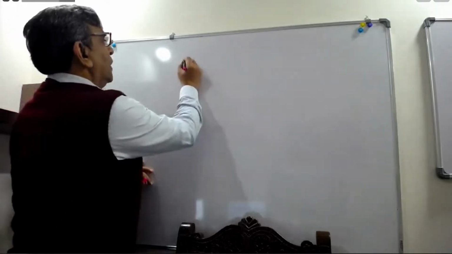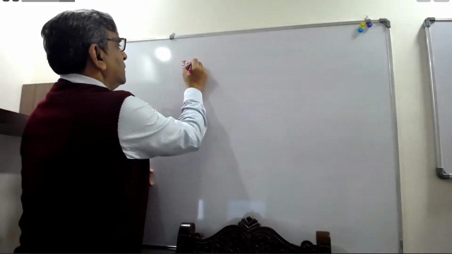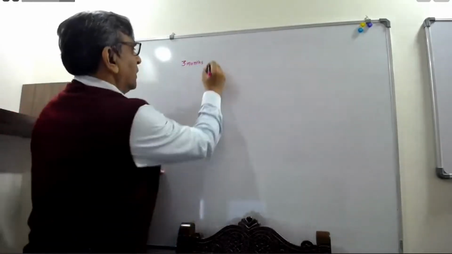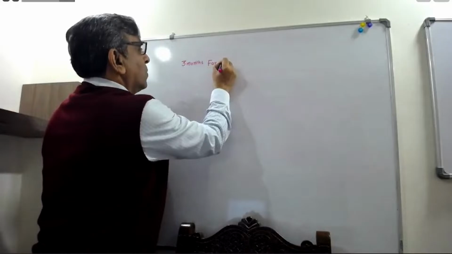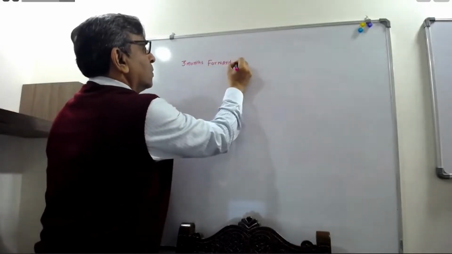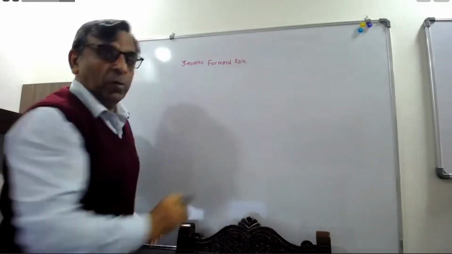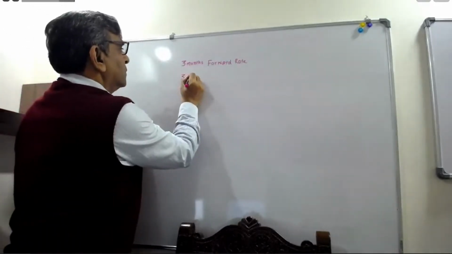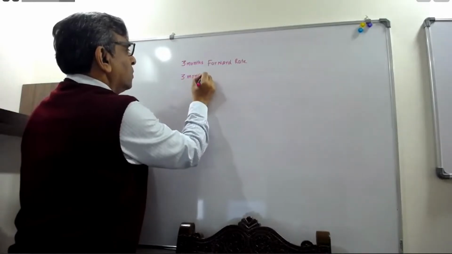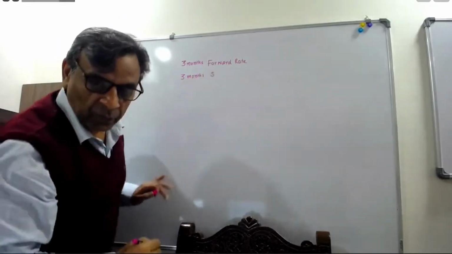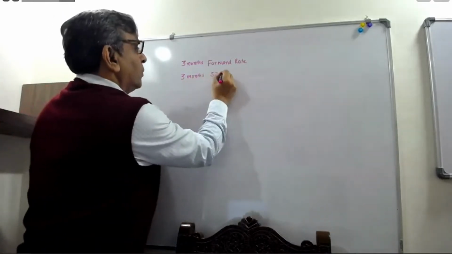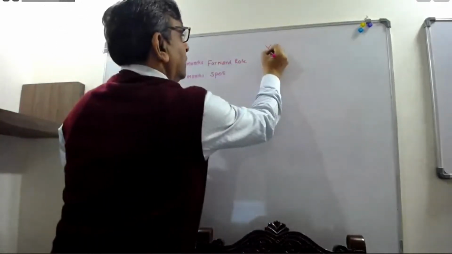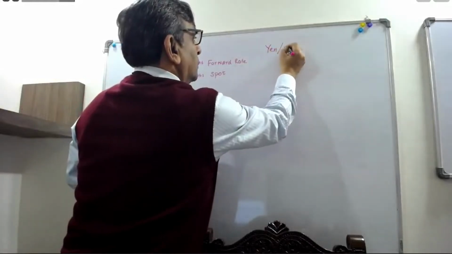Just confirm that. So, we are given two rates: the 3 months forward rate and the 3 months spot rate. This rate is yen versus rupee.